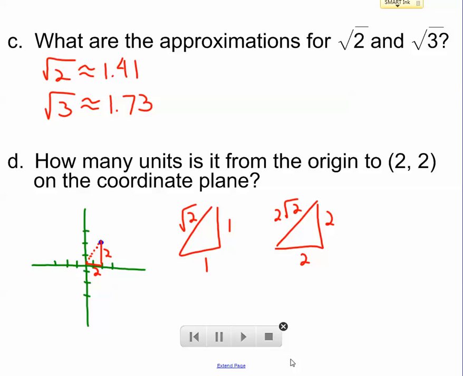It just should be twice as big. So the point (2, 2) is 2 times the square root of 2 units from the origin. Now, the square root of 2 up here is about 1.4. 2 times 1.4 would be about 2.8 units. It's not quite 3 units.